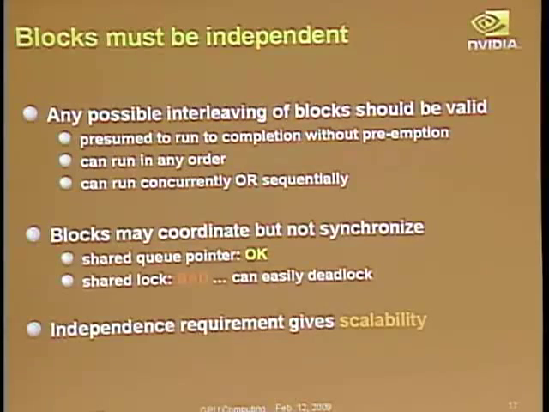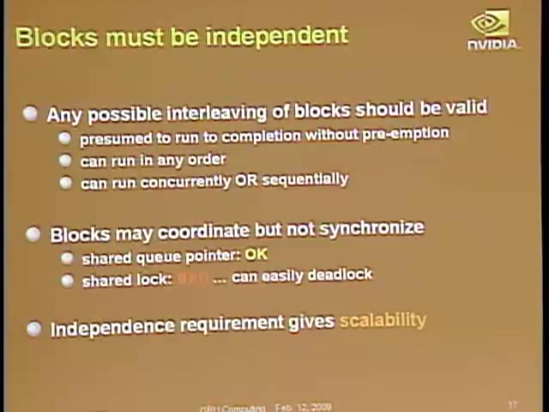So blocks must be independent in CUDA now. That doesn't say you can't. You can write an illegal CUDA program where blocks are communicating with each other if you know how big your machine is. We don't encourage it because it's not portable, but it has been done.